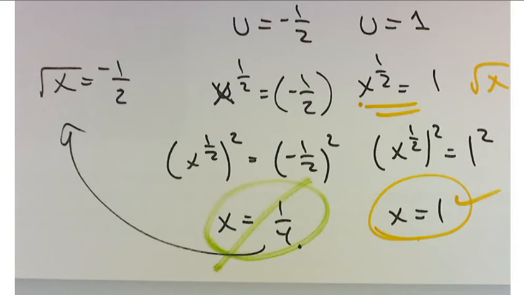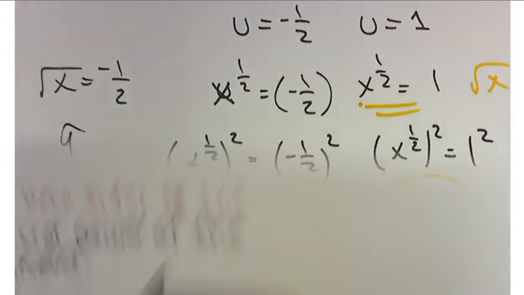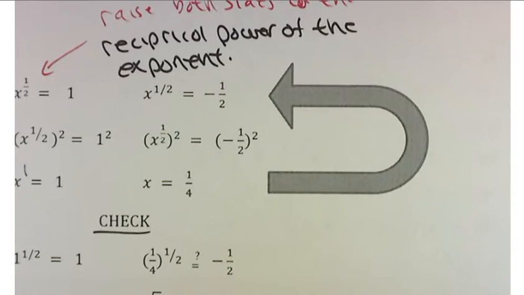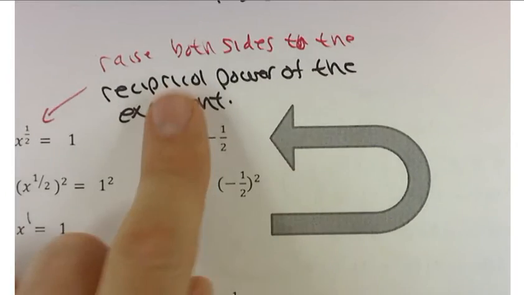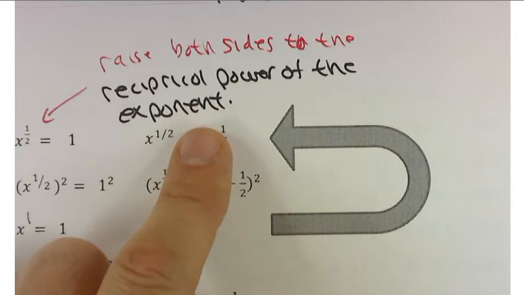You'd use the plus or minus if, let's see. You know, let me go back. You raised a good question. I don't think that it's a part of the problems in this book. It used to be in the other book that we used for this. But going back right here, raise both sides to the reciprocal power of the exponent.